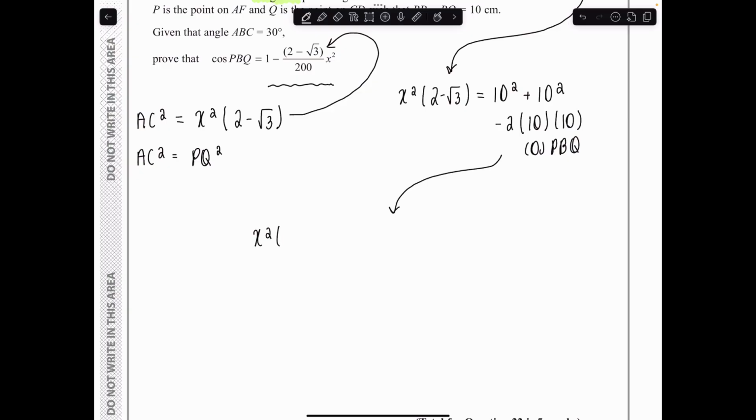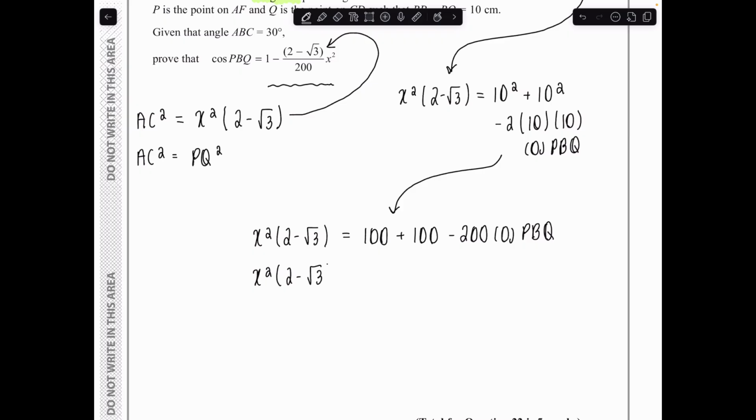So we have x squared, brackets 2 minus root 3. All of that is equal to 100 plus 100. Now here we have minus 2 times 10 times 10, which is minus 200 cos of PBQ. Now from here, let's simplify again. So we have x squared, 2 minus root 3, and all of that is equal to 200 minus 200 cos PBQ.